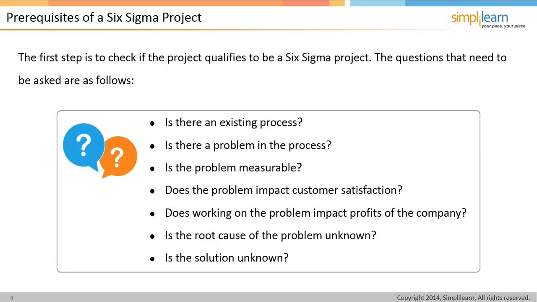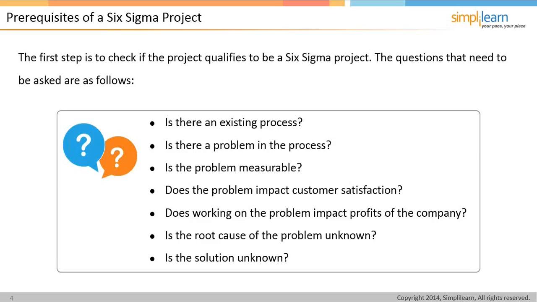Is the problem measurable? Does the problem impact customer satisfaction? And when we say customer, I don't just mean an external customer, I also mean internal customers. Does working on the problem impact profits of the company? Maybe another way to state that is, does working on the problem impact an issue that is critical to the company's success? Is the root cause of the problem unknown?